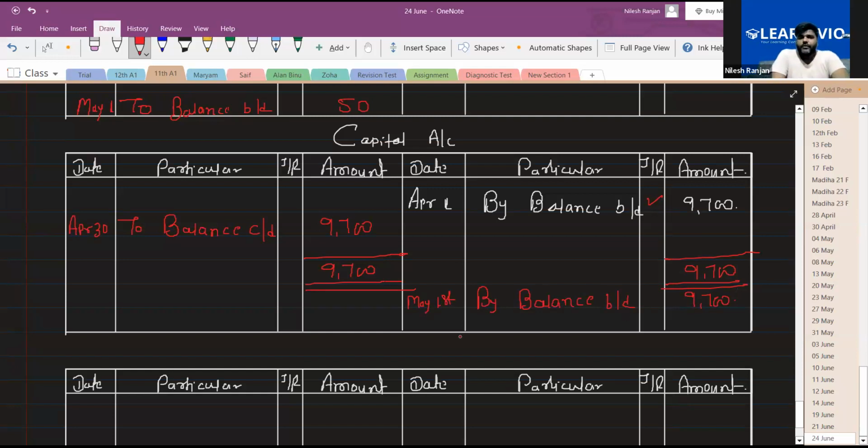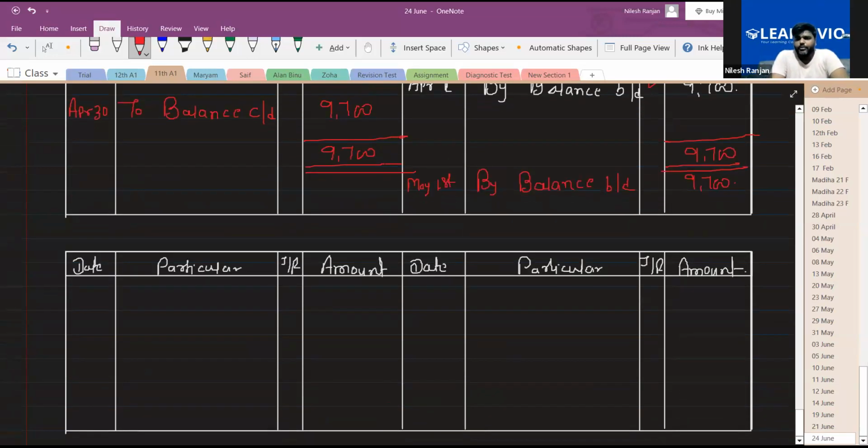Done. All the journal and ledger is complete.